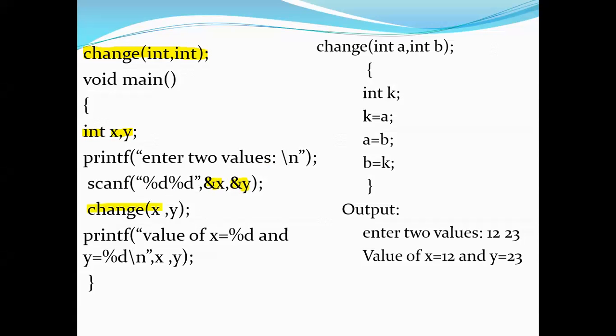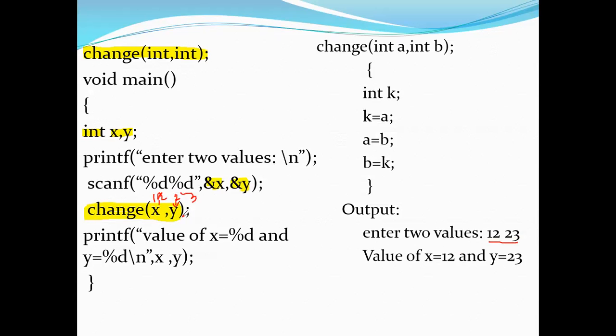It is called the calling. We are passing these values x and y, whatever values you have entered. For example, you have entered the values 12 and 23. The 12 and 23 are there in x and y: in x 12 and in y 23.